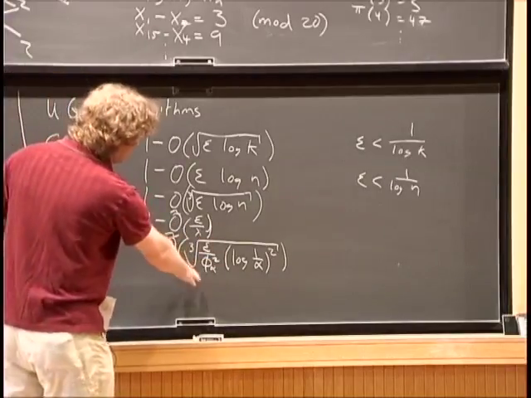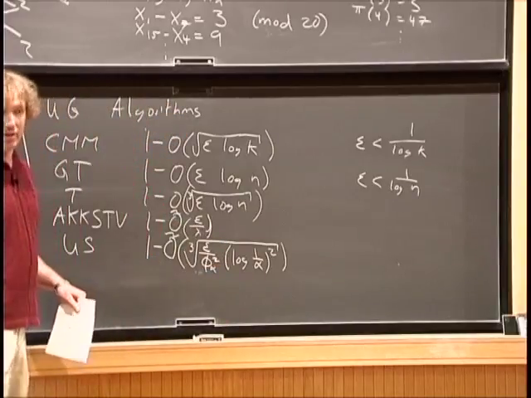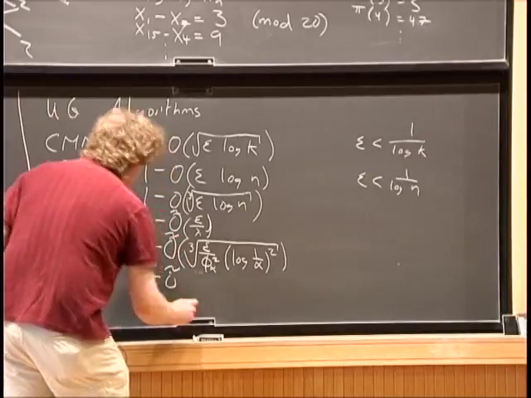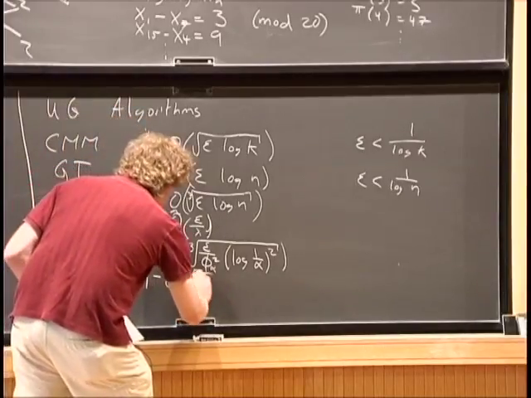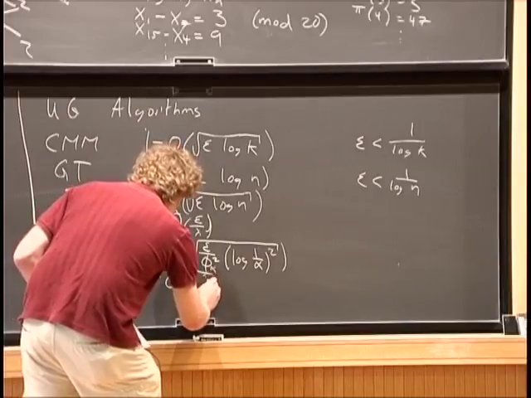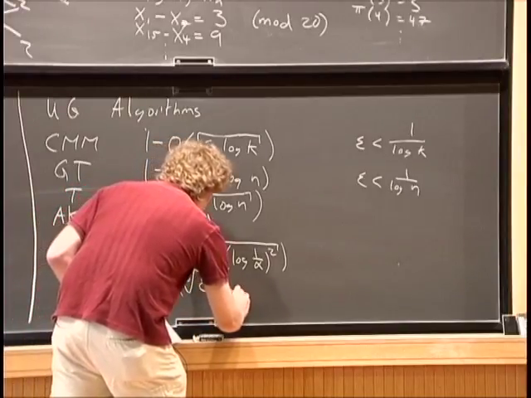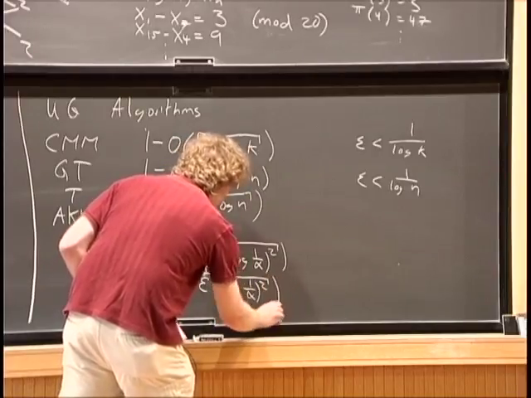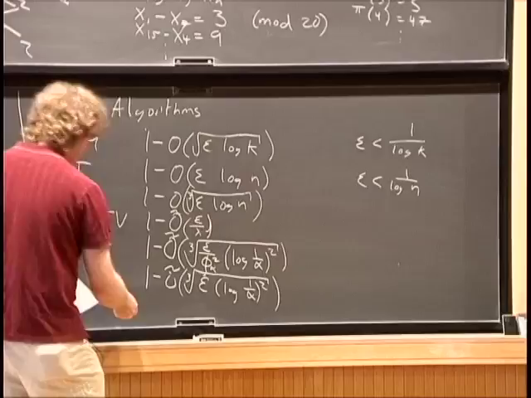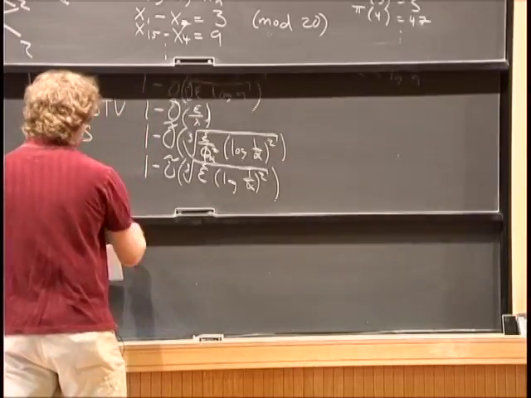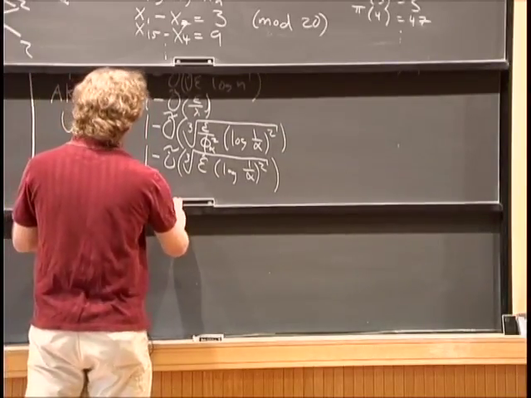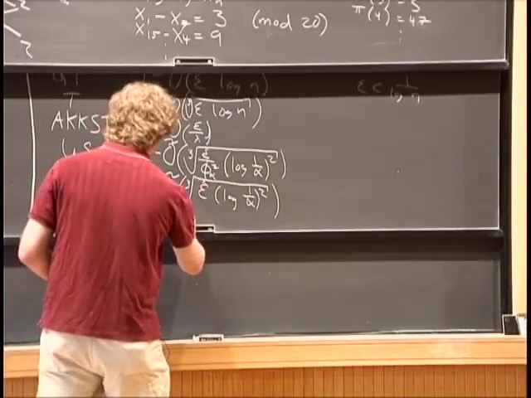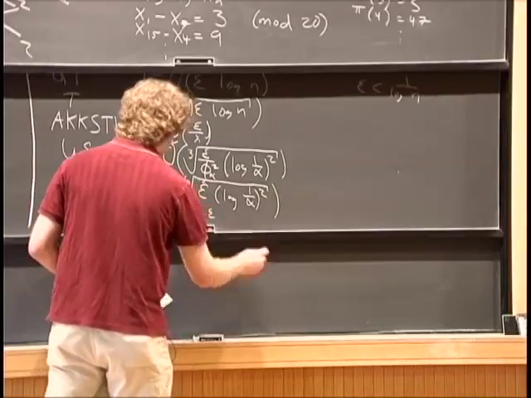And I'll get to what phi alpha and alpha are in just a second. Then 1 minus order cube root epsilon log 1 in alpha squared, and 1 minus c plus 1 epsilon.